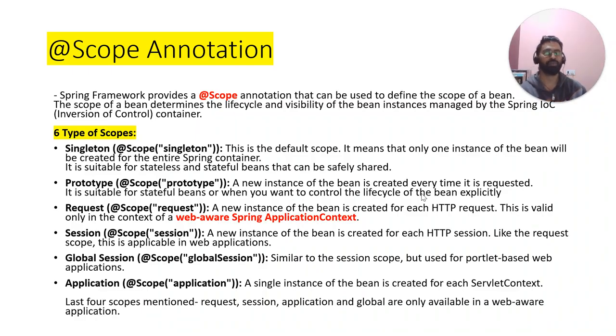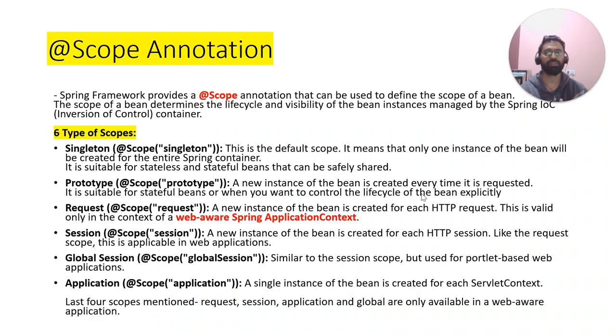The sixth scope is application scope, and a single instance of a bean is created for each servlet context. So every time, a single instance will be created for a servlet context, right? These are the six types of scopes. The last four, that is request, session, global session, and application, are only available for web-aware applications.